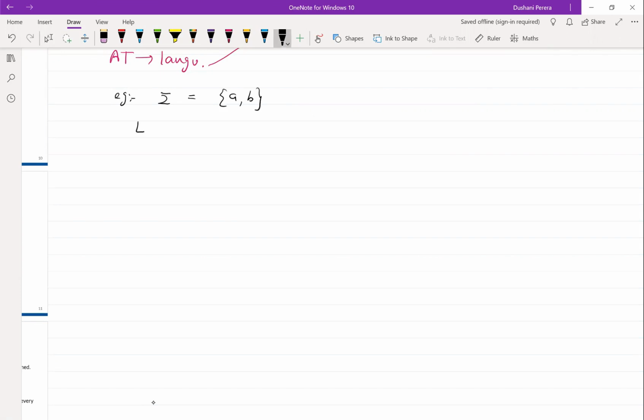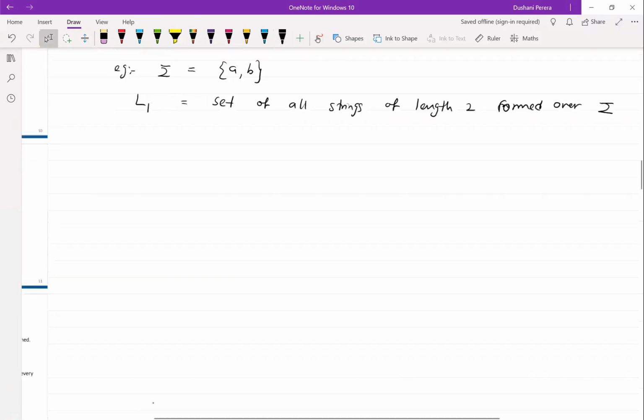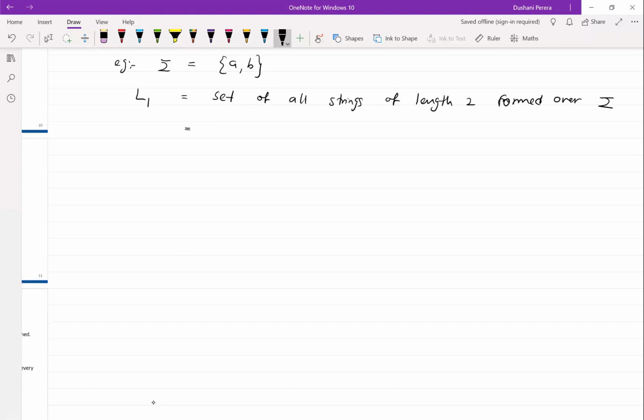Let's say language L1 is the set of all strings of length 2 formed over sigma. Right? Set of all strings of length 2 formed over sigma. Here it would be the set we discussed earlier: {aa, ab, ba, bb}. You see this is a finite set, so we say this is a finite language.